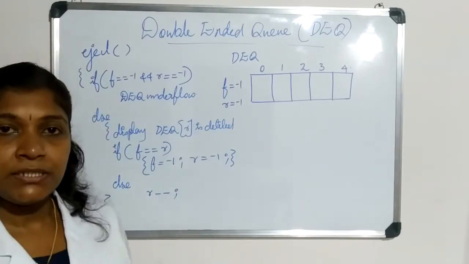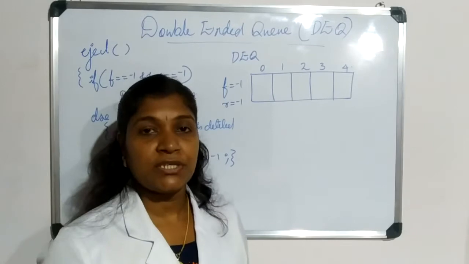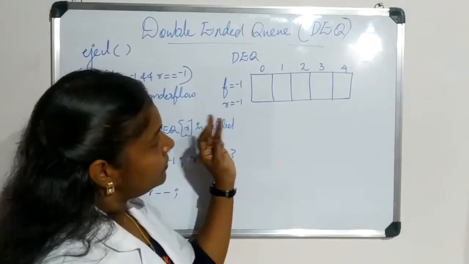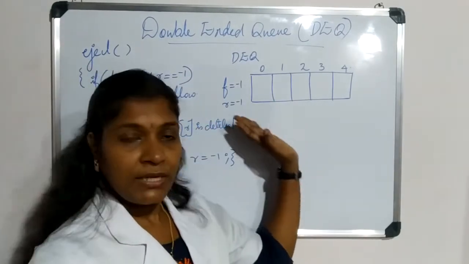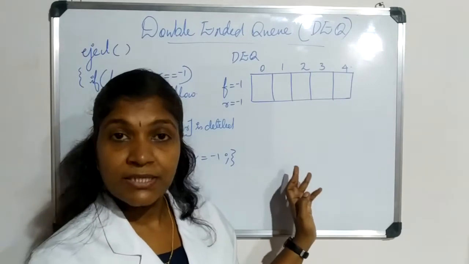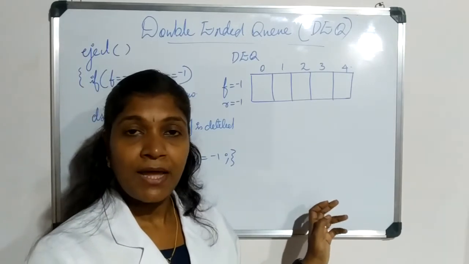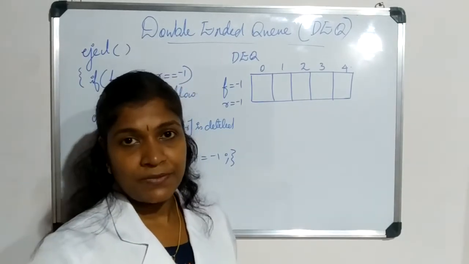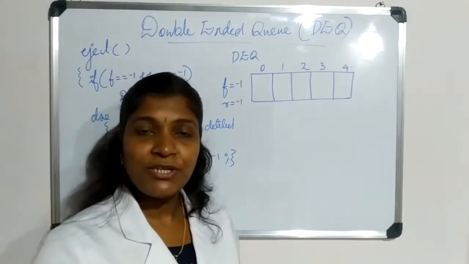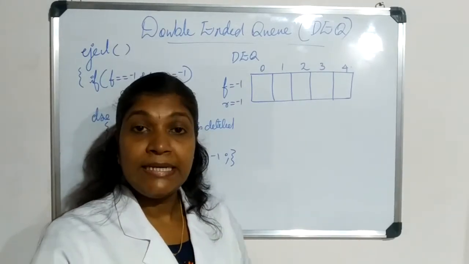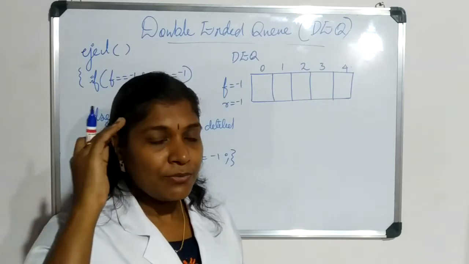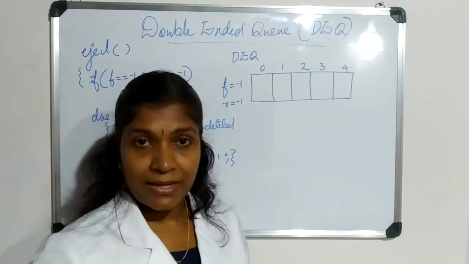So what are the conditions in order to perform ejection? That is what we are checking. As usual, if we need to perform an eject operation or deletion of an element, at least one element should be there, right? I already mentioned that whenever we think about deleting an element, you think about having a biscuit from a packet.